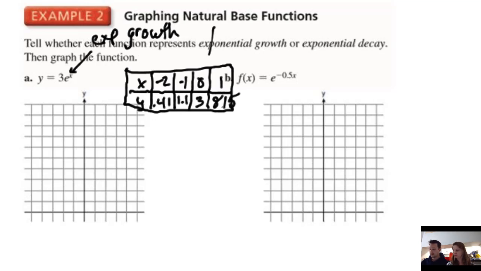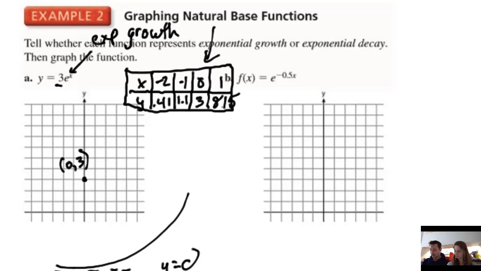You should be able to very quickly get this y-intercept because e to the 0 power, any number to the 0 power, is 1, and 1 times 3 is 3. If I were graphing this, I wouldn't even use the table if I needed a quick sketch. I would just plot the y-intercept, which is 0, 3, and then know that every exponential growth function has a shape like this with a horizontal asymptote at y equals 0.